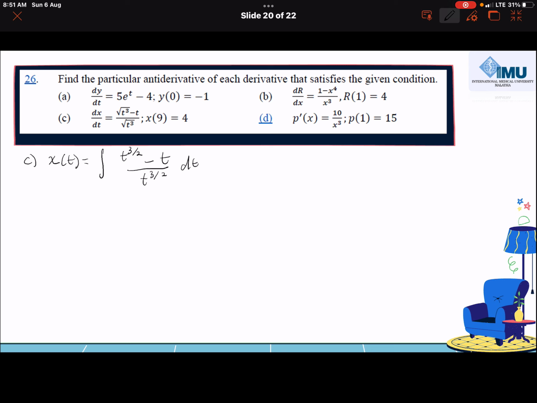Now before I integrate, I'm going to simplify this function.